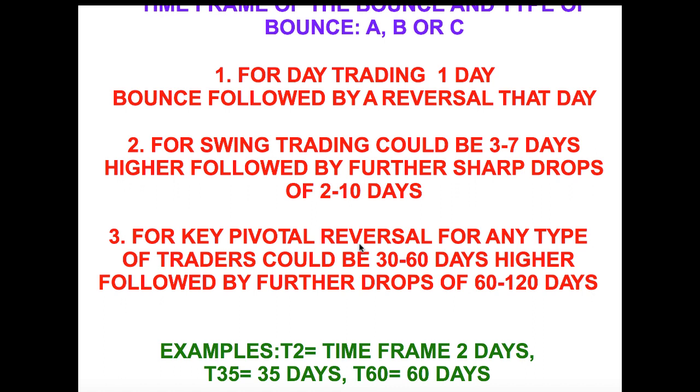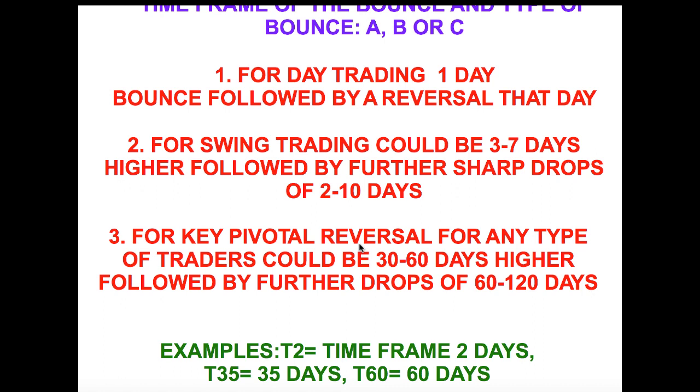Now, typically when we refer to a day trading bounce, it would be a market bouncing in the morning followed by a reversal that day. The number 2 type bounce, which is often a B-type bounce, is highly useful for swing traders because that bounce could come over the course of 3 to 7 days, and it could be followed by a further sharp drop over the course of 2 to 10 days.